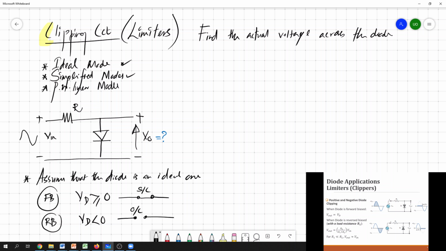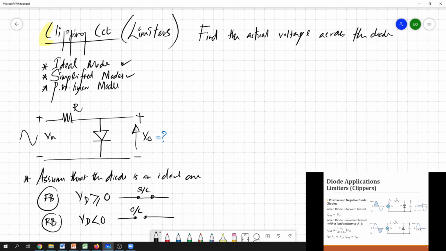Then by applying Kirchhoff's voltage law, KVL, we know that if it is open, there won't be any current flowing through the resistor. So the open circuit voltage across these two terminals should equal Vi, the input voltage.